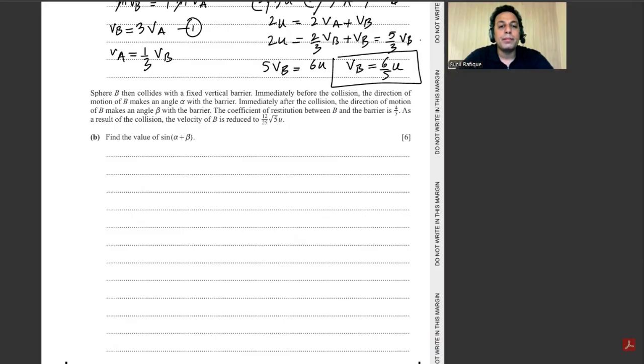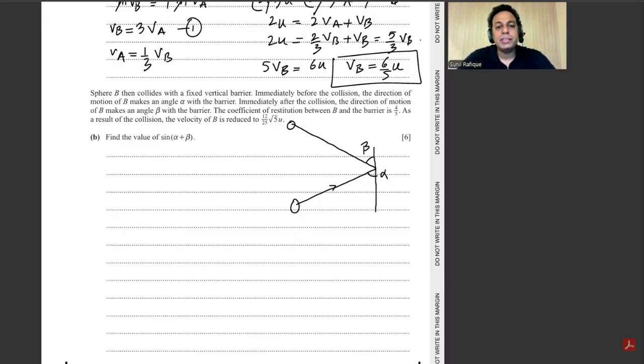So they are saying there's a vertical barrier, and this is B, and it hits the barrier and makes an angle alpha with the barrier. Immediately after the collision, the direction of motion makes an angle beta with the barrier. So it will definitely go here somewhere. I'm just making this up. This is beta. So this is the situation now.